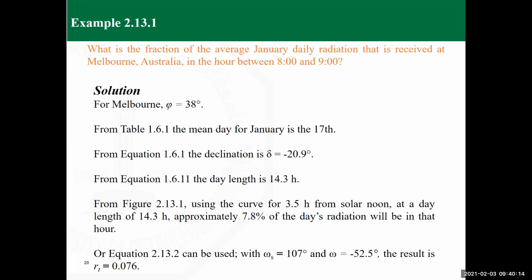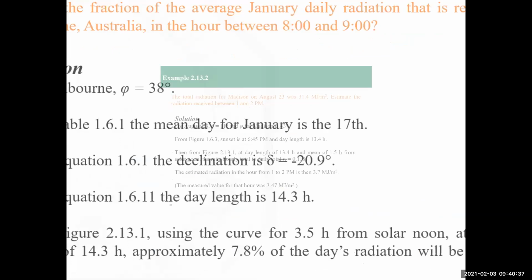And again, I iterate what I mentioned before: if all of you solve this example, some of you are going to get 0.8, some 0.7, some 0.9. It's just the issue of the estimation of the eye when you are looking at a certain point in the figure, on the y-axis, which represents the ratio.